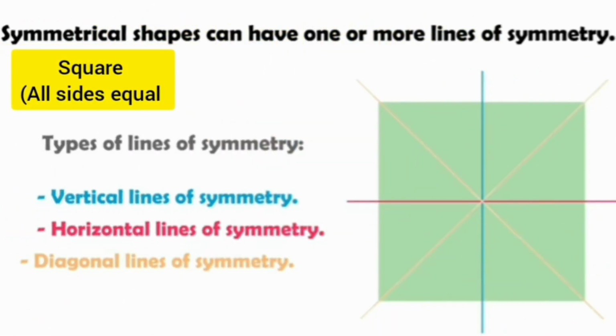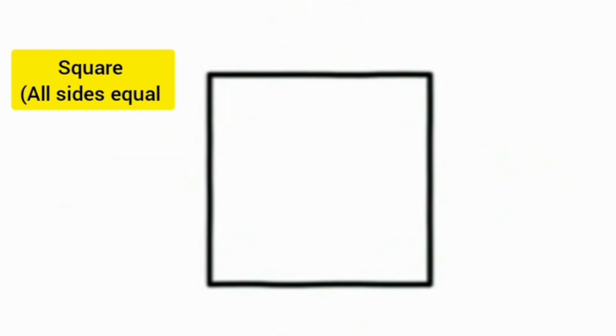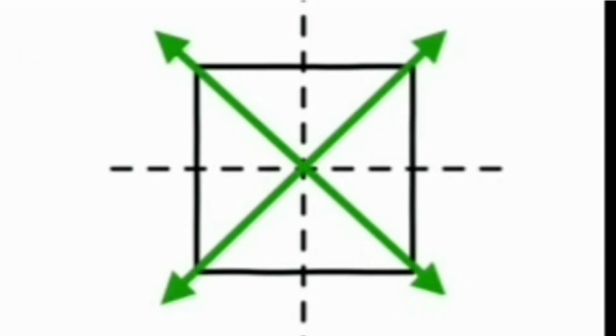All sides are equal and all angles are right angles. So, the square has four axes of symmetry. It has horizontal as well as vertical symmetry just like a rectangle. But for a square, the two diagonals are also axes of symmetry if we fold it along these diagonals.